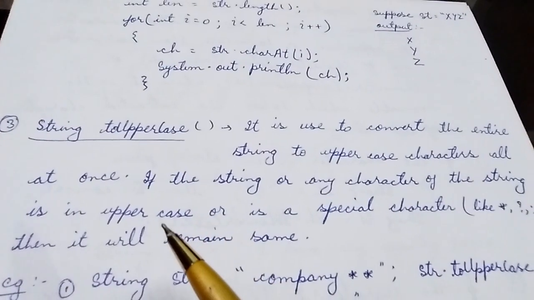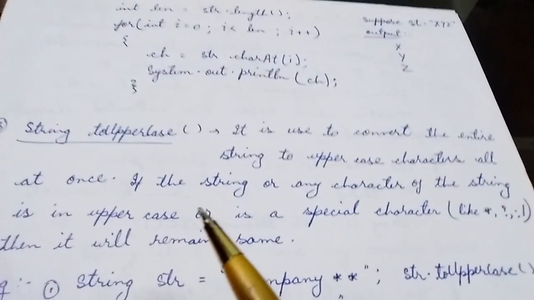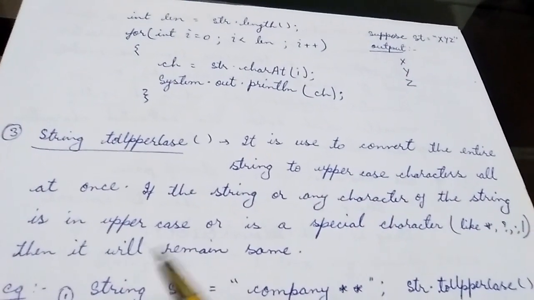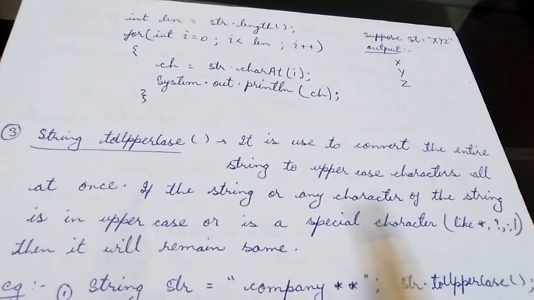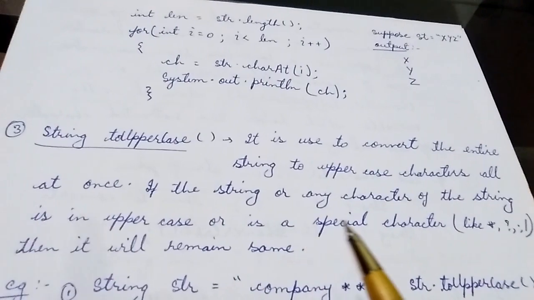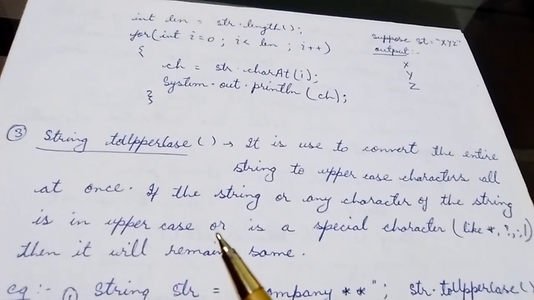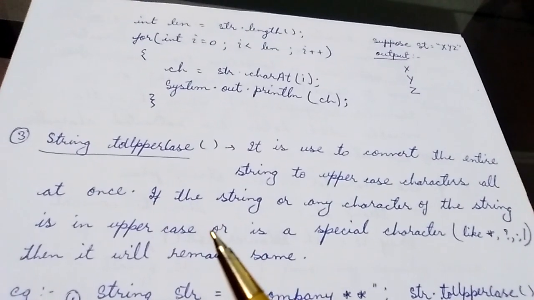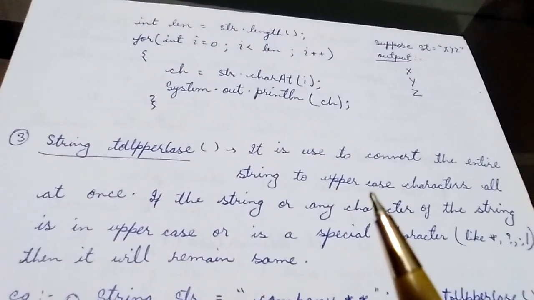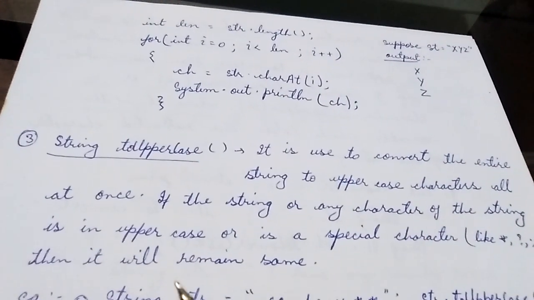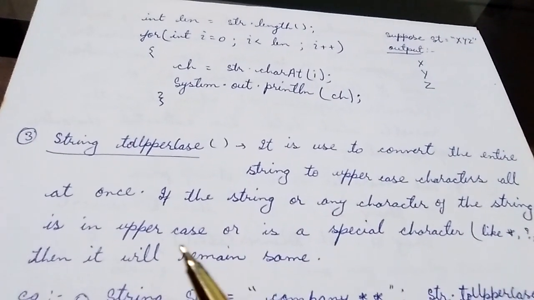It means if a question comes, input a string and convert it into uppercase, we will not extract the characters and convert them into uppercase character by character. Instead of that, we will directly write str.toUpperCase, and it will convert the entire string to uppercase at one time.